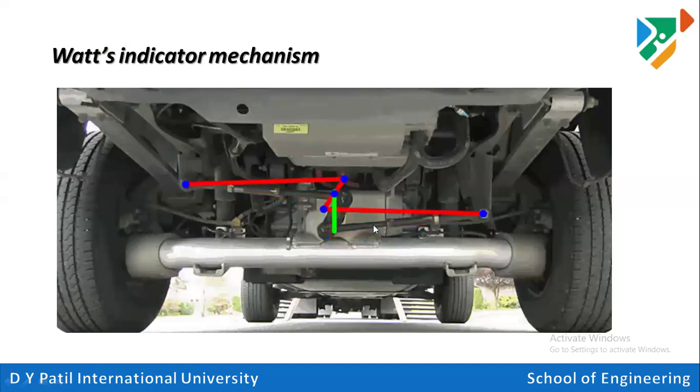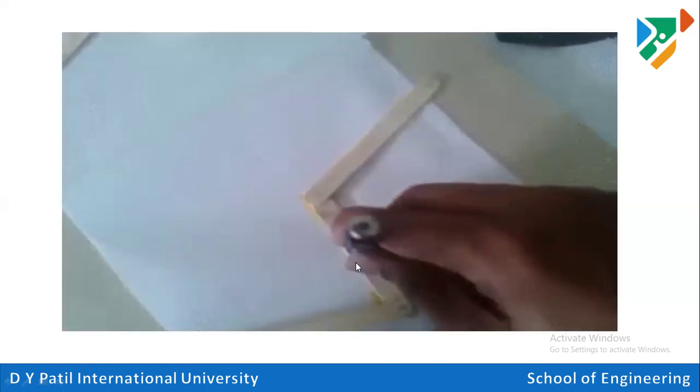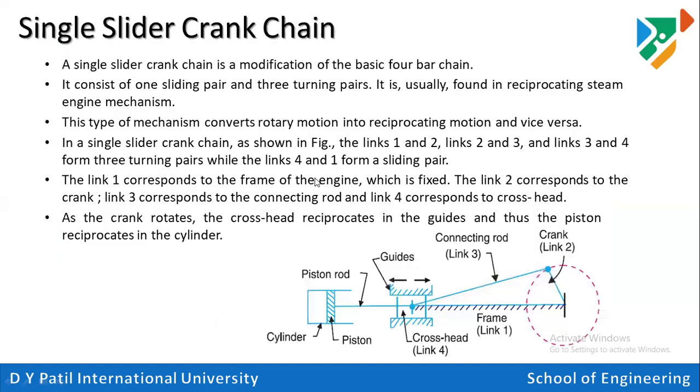So for a certain angle of twist, angle of turn, we can trace this linear movement of that system. Okay. This is again one more path of the linear movement of that system that can be traced.